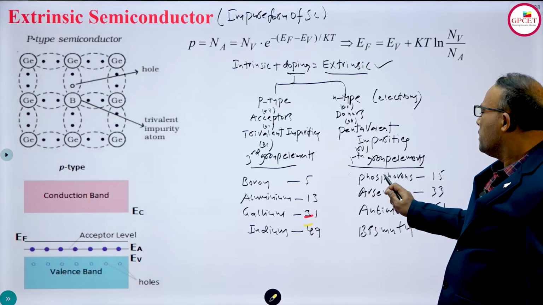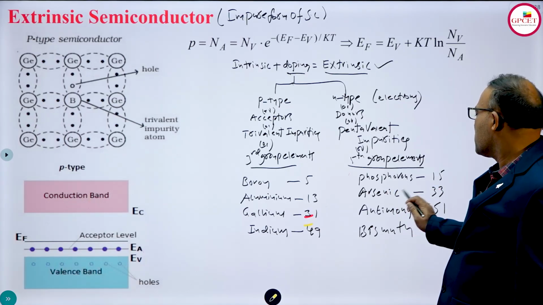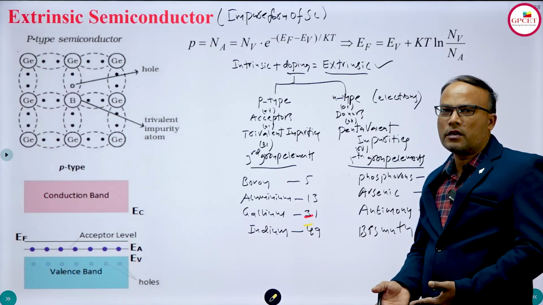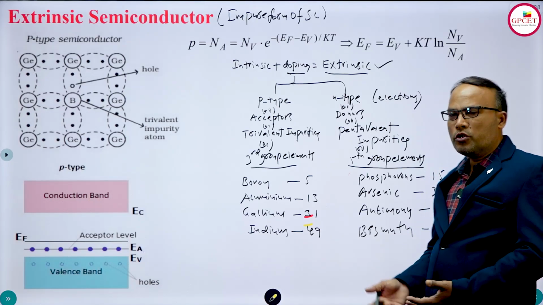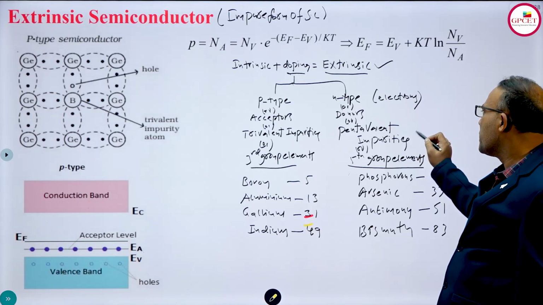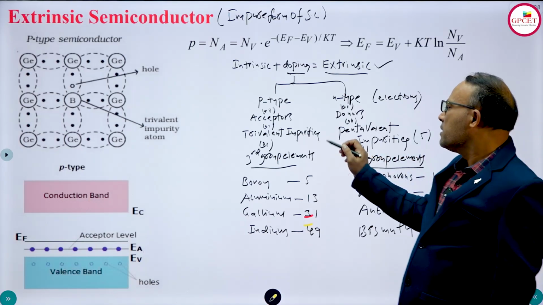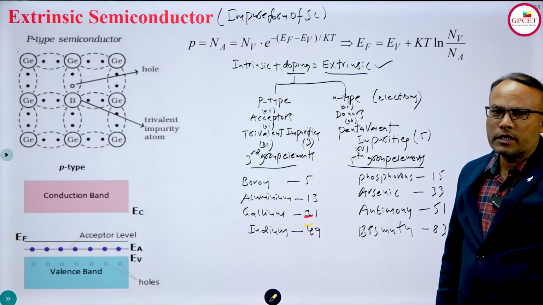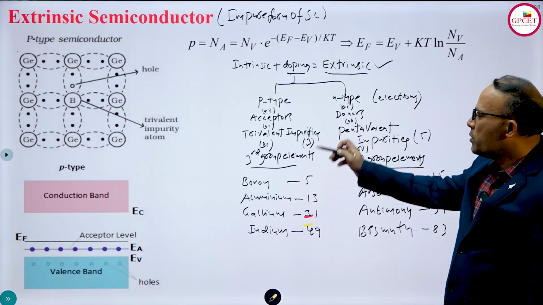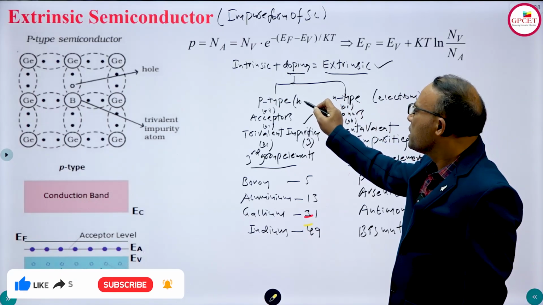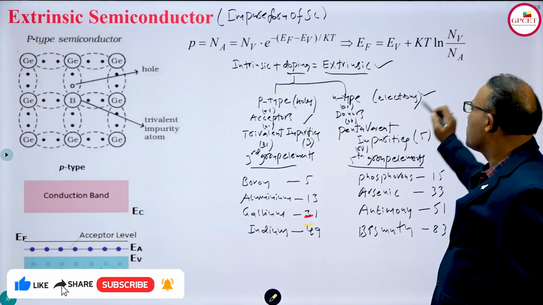Here the outermost orbit contains 5 electrons, that's why it is called pentavalent impurities. Here the outermost orbit contains 3 electrons, so it is called trivalent impurities. Here majority charge carriers will be holes, and here majority charge carriers will be electrons.